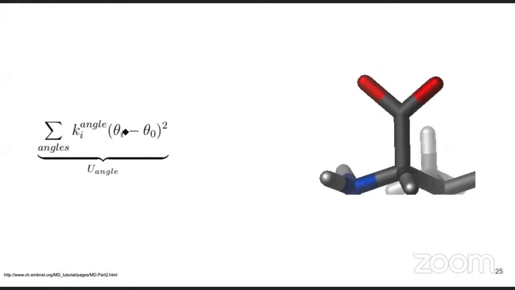So you can again have the same kind of representation that you had before, but instead of measuring the distance, you are now measuring the angle. There is an angle between these two, but there is also an angle between these two and between these two. So you take all of the angles in your possible system, and you calculate them and sum them up, and then you come up with something called the potential energy contributed by all the angles.